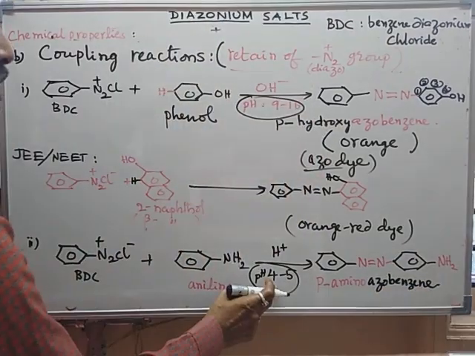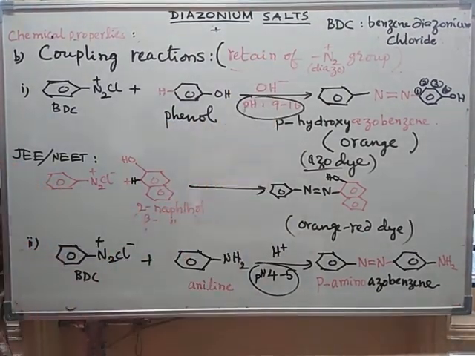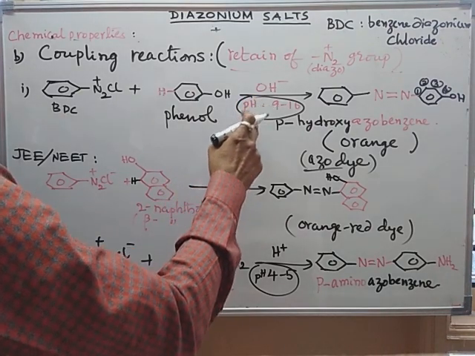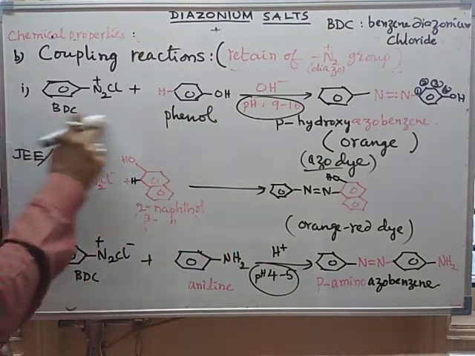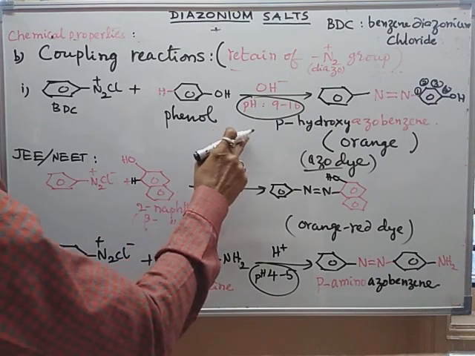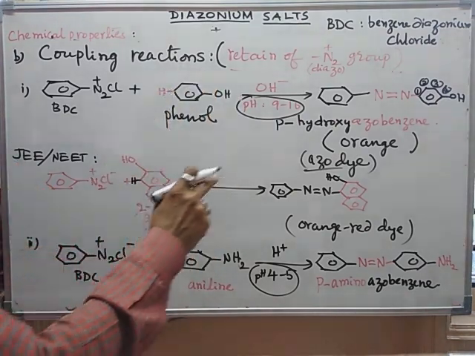Yes, this is important, and acidic medium is required. That is sufficient. Too low basic conditions, it is to be changed. Here the phenoxide ion is not formed and it is not activated.